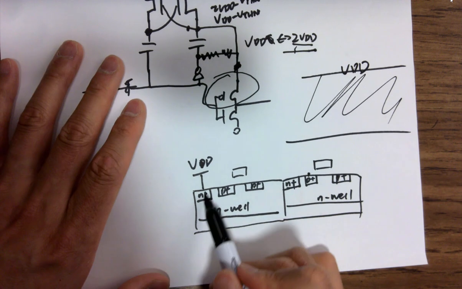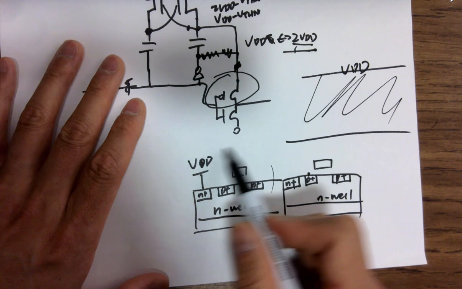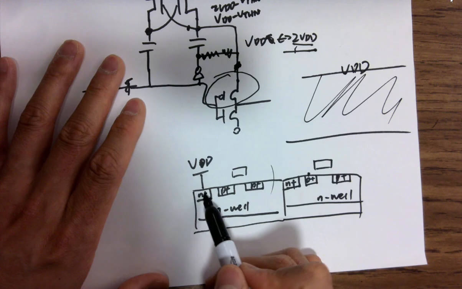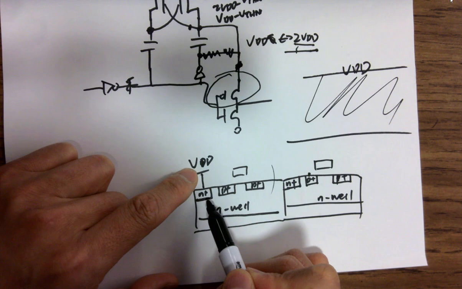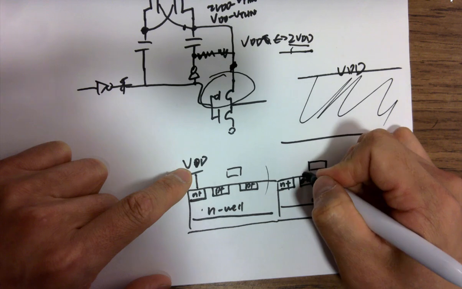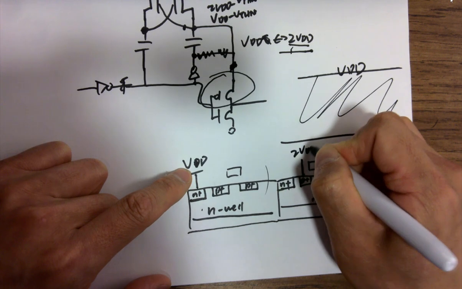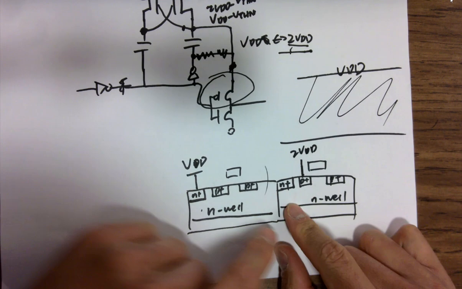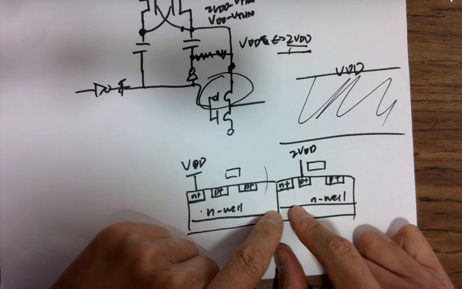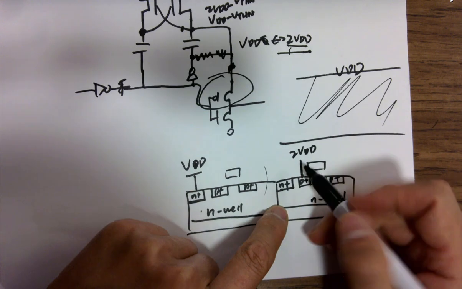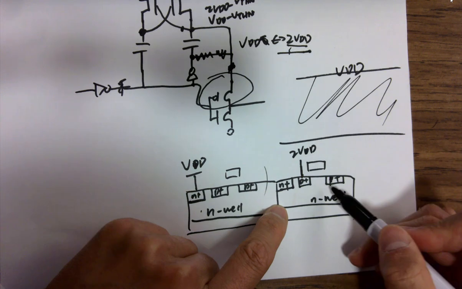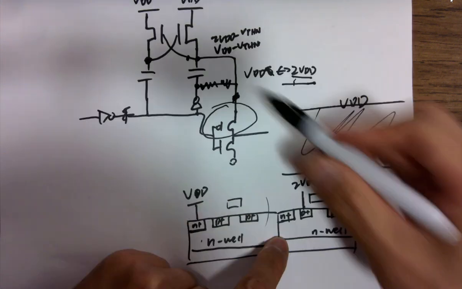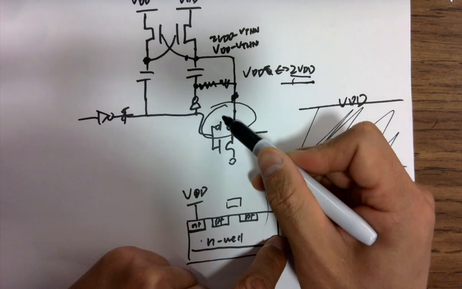So all the other circuits, I'm just drawing one PMOS, but all the other PMOSes, their N well tap is shorted to VDD. So if you have a source here potentially getting to 2 VDD, and if you have a universal N well, it's going to forward bias this PN junction over here and eventually cause body effect for this PMOS. So that's why we want to separate the N well of this PMOS.